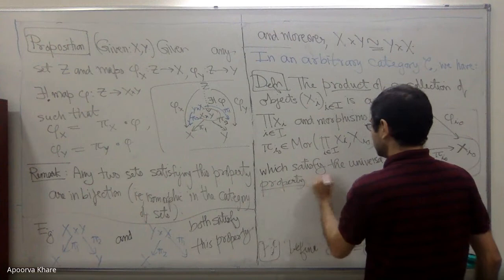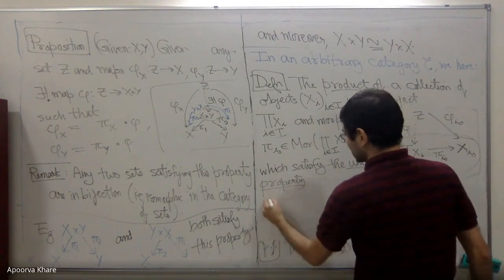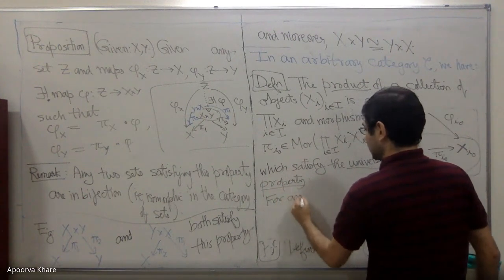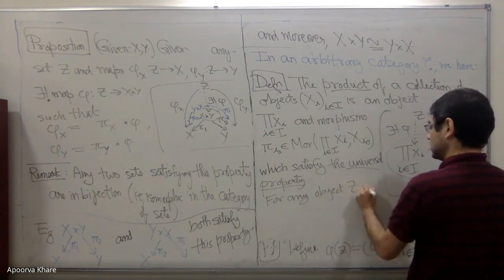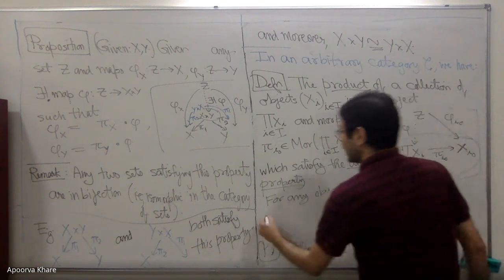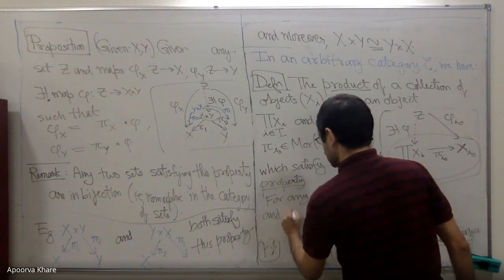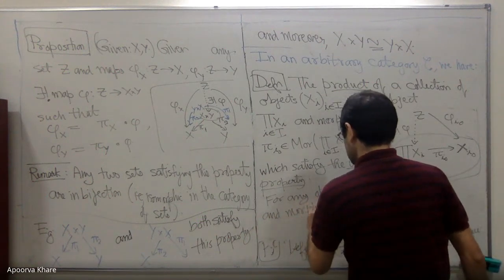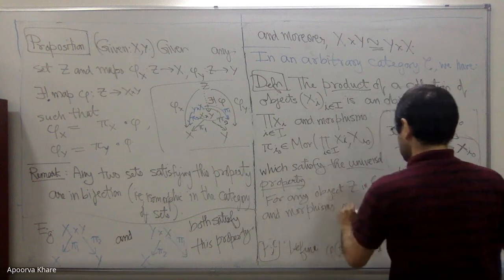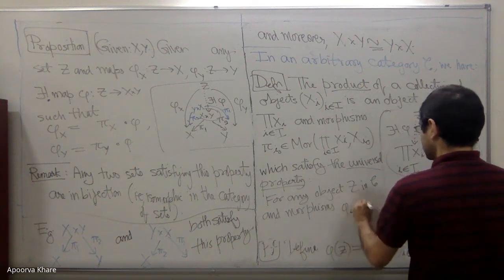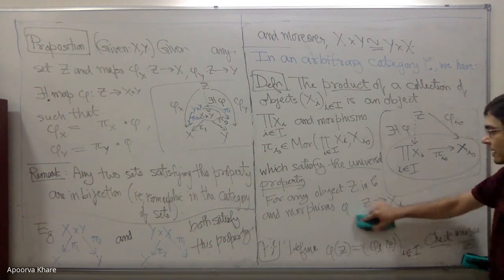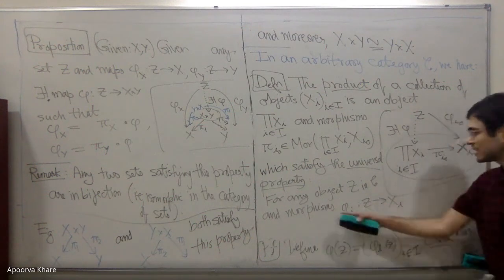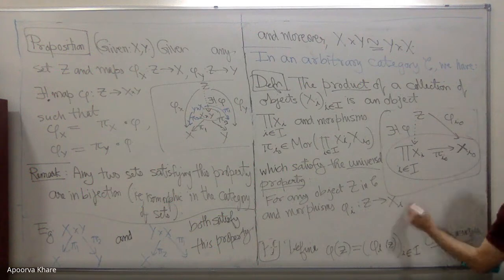What is the property? Given any object Z in the category and morphisms phi_i from Z to X_i. So again, these are not really functions, they don't need to be functions, but we will still denote them as if they're functions. Okay?